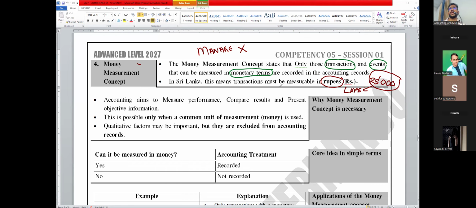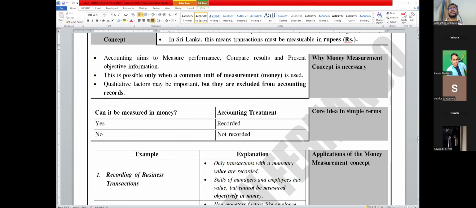Why is the money measurement concept necessary? Accounting aims to measure performance, and then compare results.